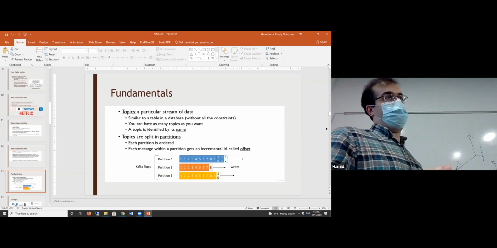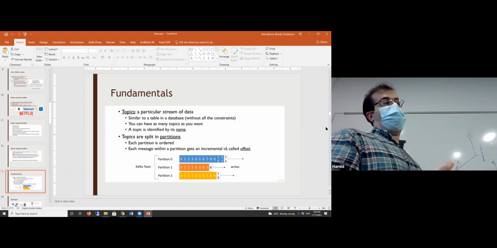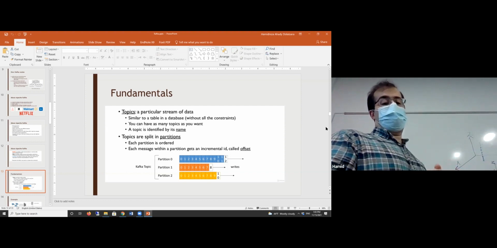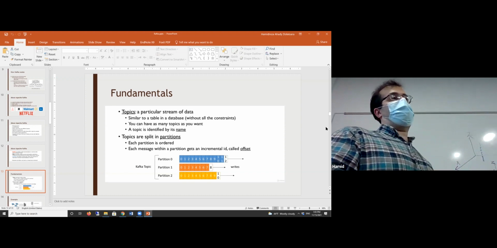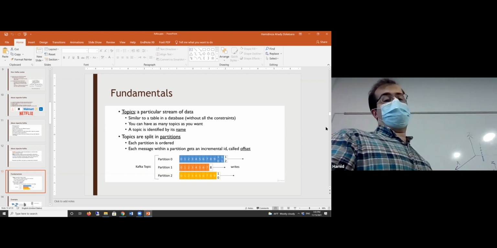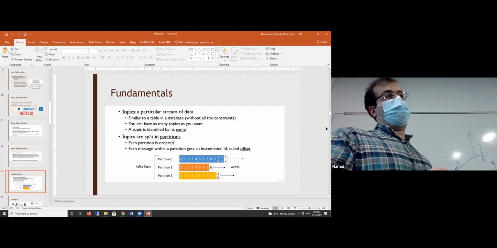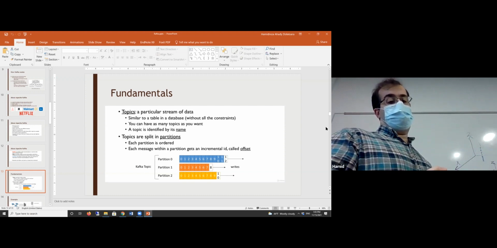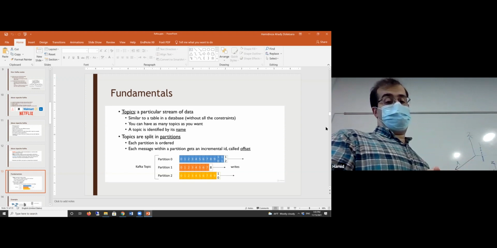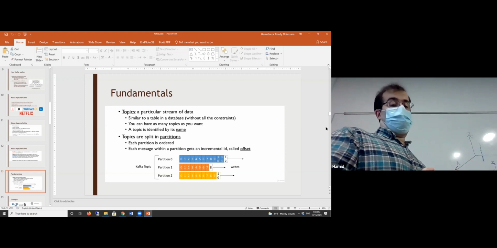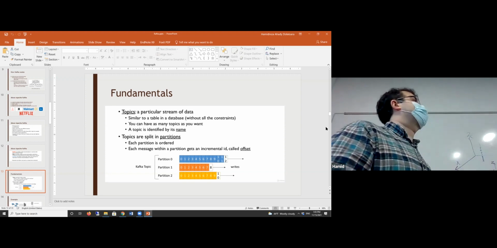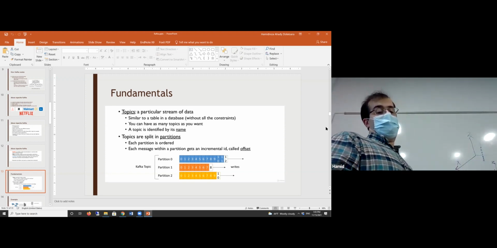A topic just means a stream. In the Kafka documentation, when they say we have several topics, they're talking about several streams that could come into your Kafka application. And each stream or topic has certain names.